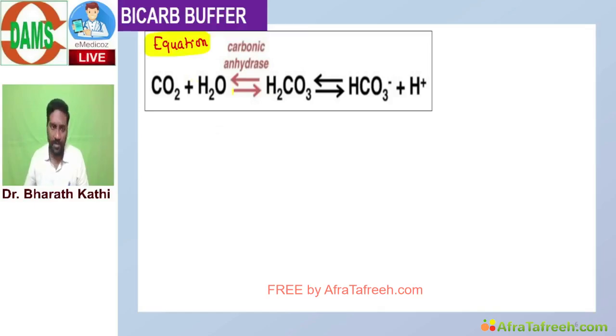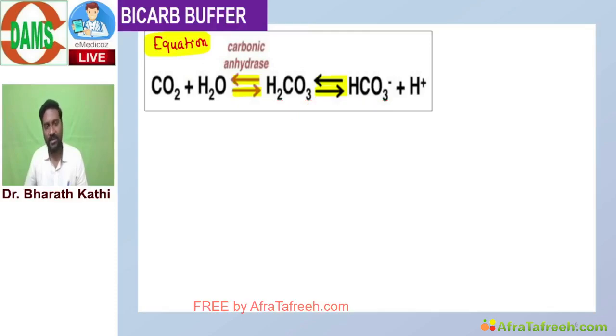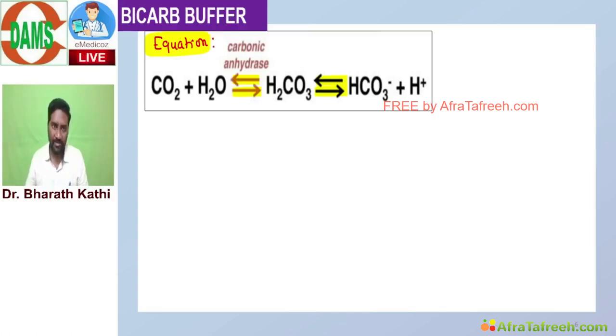Point to be noted, this reaction can happen in both ways. Depending upon the concentration of reactants versus products, it can happen in either direction according to the need of the body. Very important.